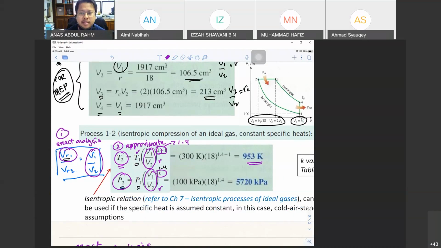You don't have to memorize this. In the test, for example, an appendix will be given, but in the appendix there will be a bunch of equations, so you have to know which one to use. You substitute the value, you get your answer for P.